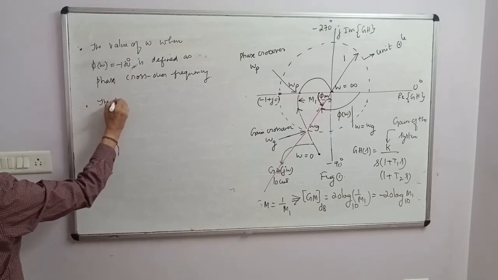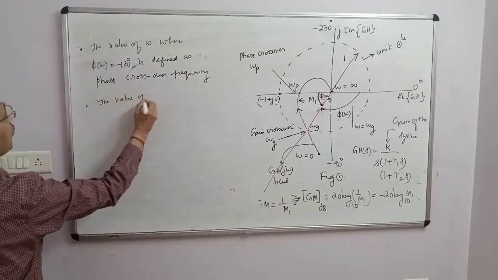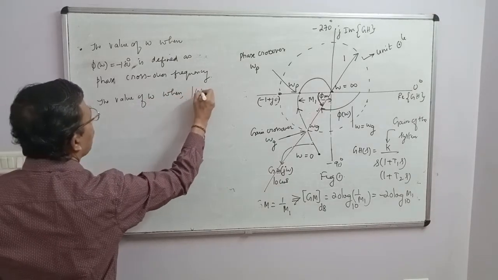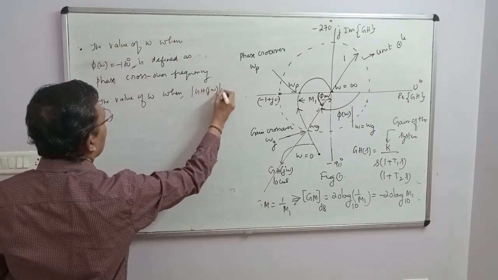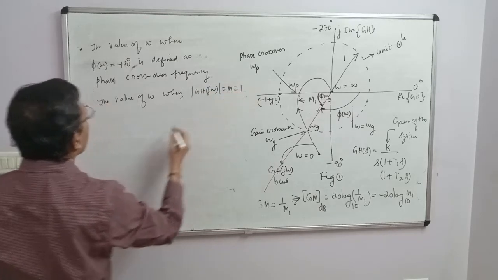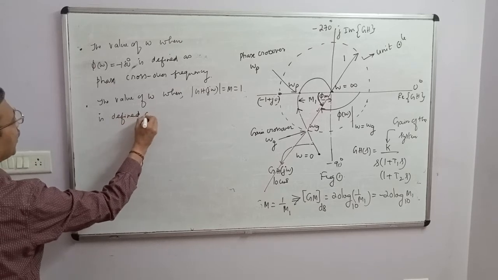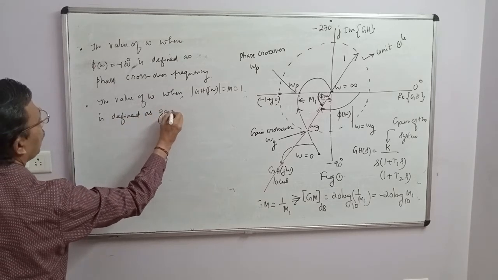The value of omega when the magnitude of GH of j omega equals M equals 1 is defined as the gain crossover frequency.